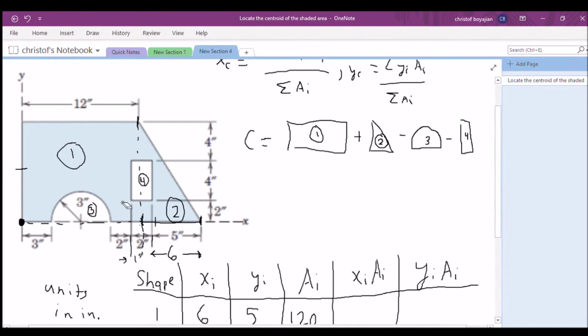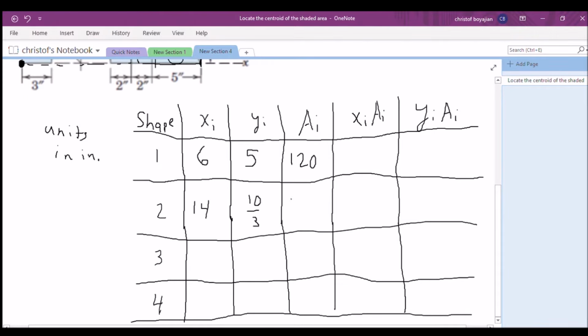And let me go ahead and erase some of this. I know it can be a little bit messy. So the area is the length times height divided by 2. That's the area of a triangle. So this bottom base is 6. This top height is 10. So 60 divided by 2 is 30.